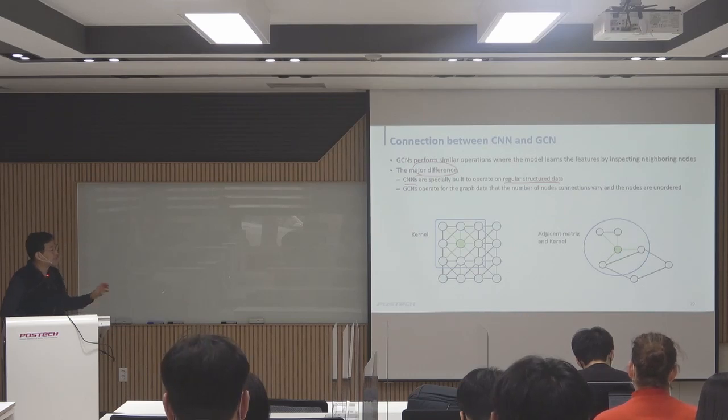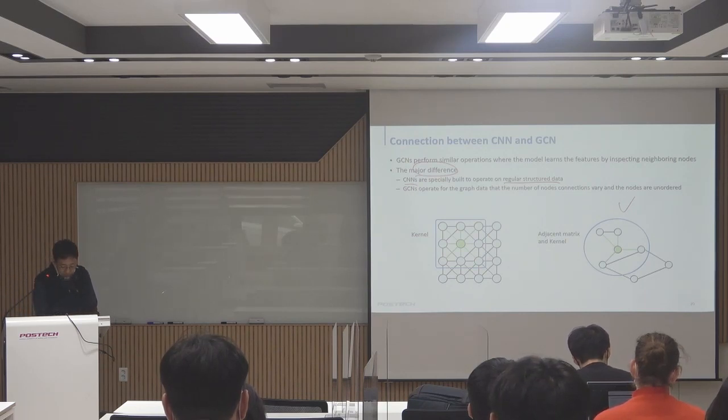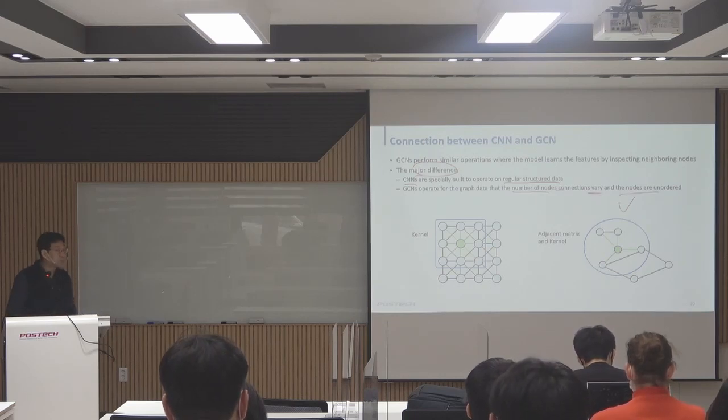The biggest difference is that the graph on this side is not regularly structured. The number of node connections varies, and nodes are unordered. Those are the key characteristics compared to regularly structured data, for example images.